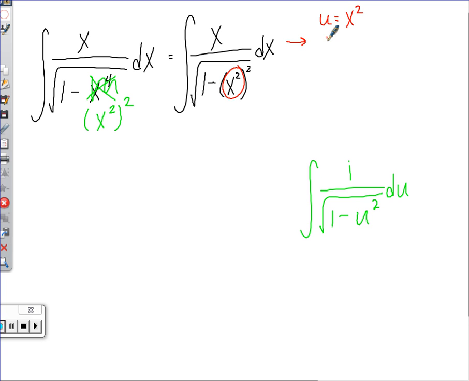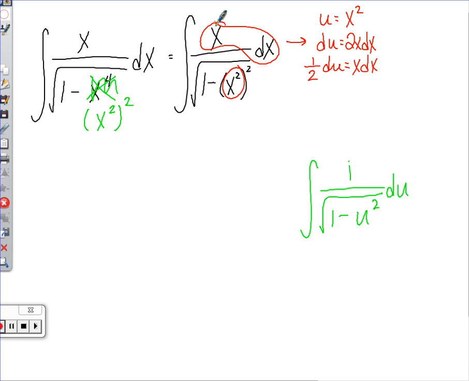And then I'm going to say du equals 2x dx. Okay, that's promising as well, right? What do we need to do? Move the 2. 1 half du equals x dx. That takes care of that, right?